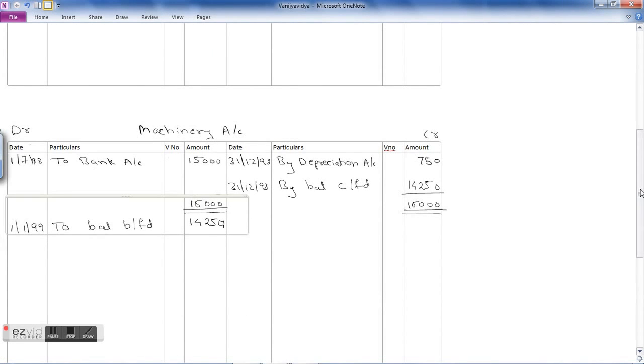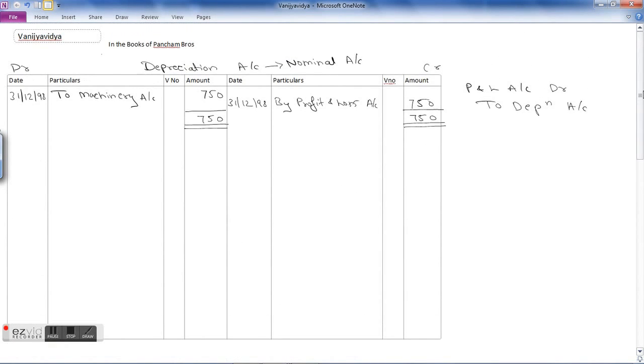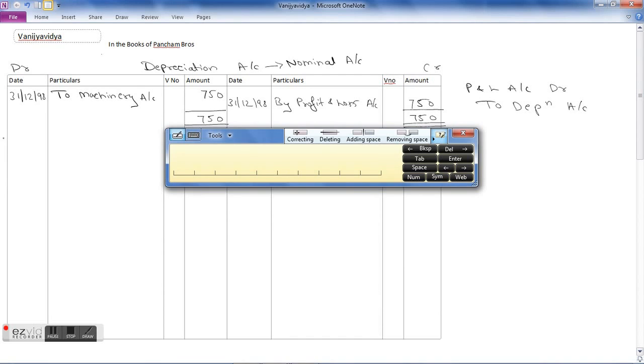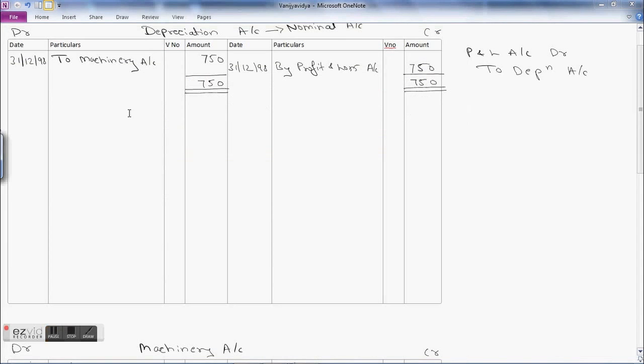So we'll charge a depreciation entry again for the year 1999, similar to this one, that is on 31st 12/99. We'll charge an entry for depreciation. We'll post the entry, depreciation account debit to machinery account. So to machinery account.